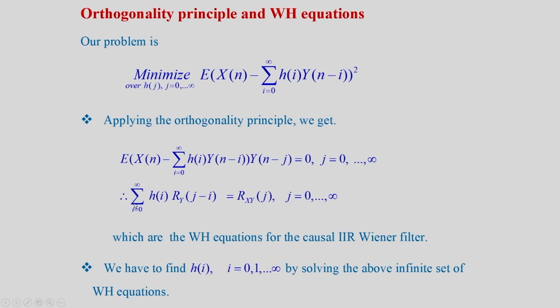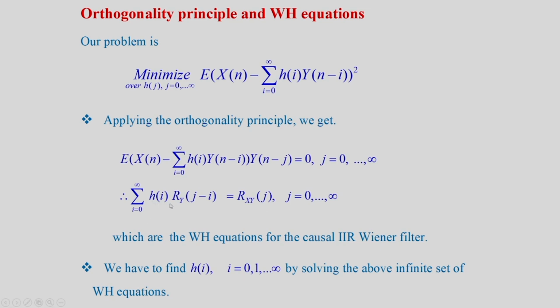Therefore, we get the Wiener-Hopf equation, given by summation h_i r_y(j minus i), i going from 0 to infinity, equal to r_xy(j) for j equal to 0 to infinity. So, we have got the Wiener-Hopf equations corresponding to the causal IIR Wiener filter.